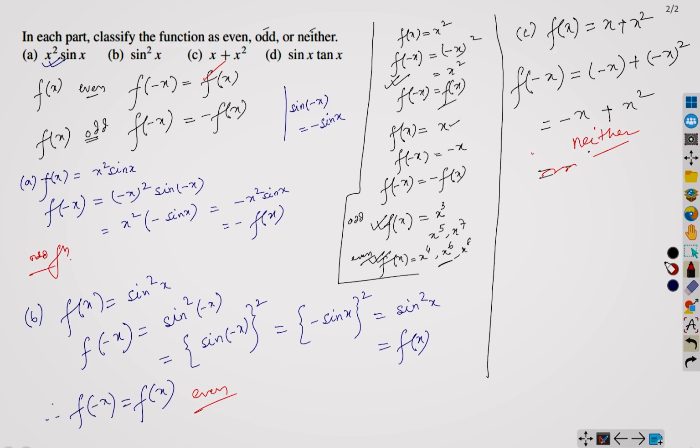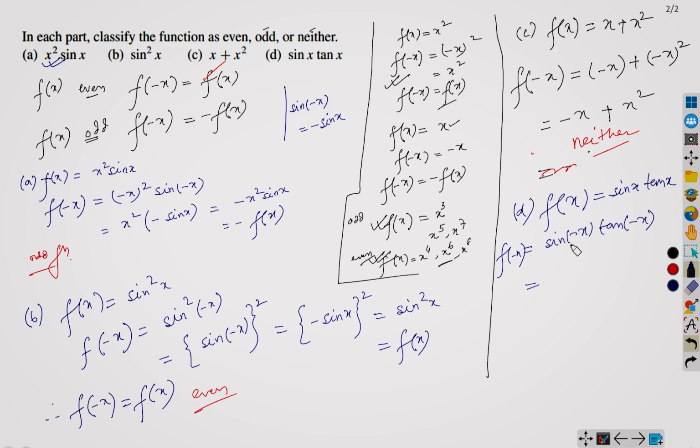Yeah, the final problem D, let's take the same procedure. Sine x, tan x. My handwriting is a little bit fuzzy, I think you guys can still understand. So f of minus x, we have sine of minus x, tan of minus x.